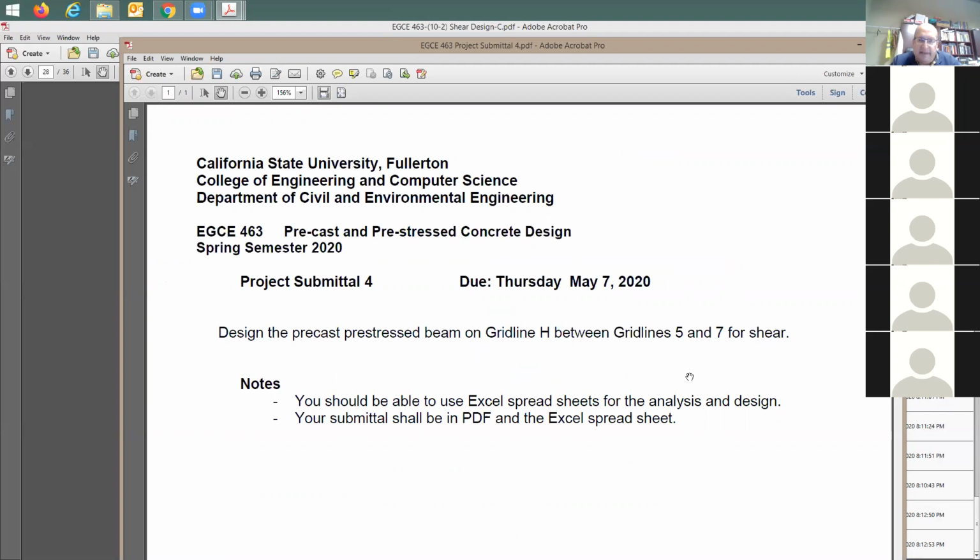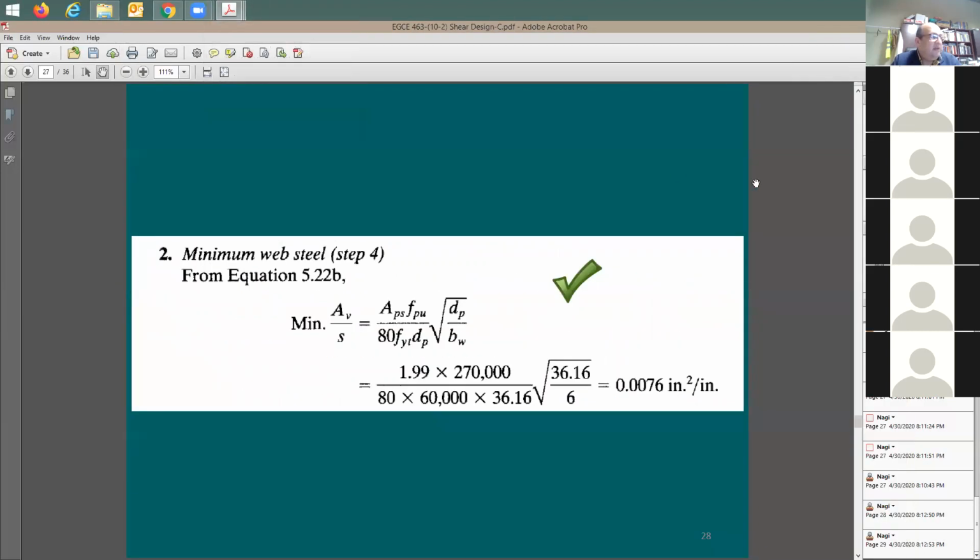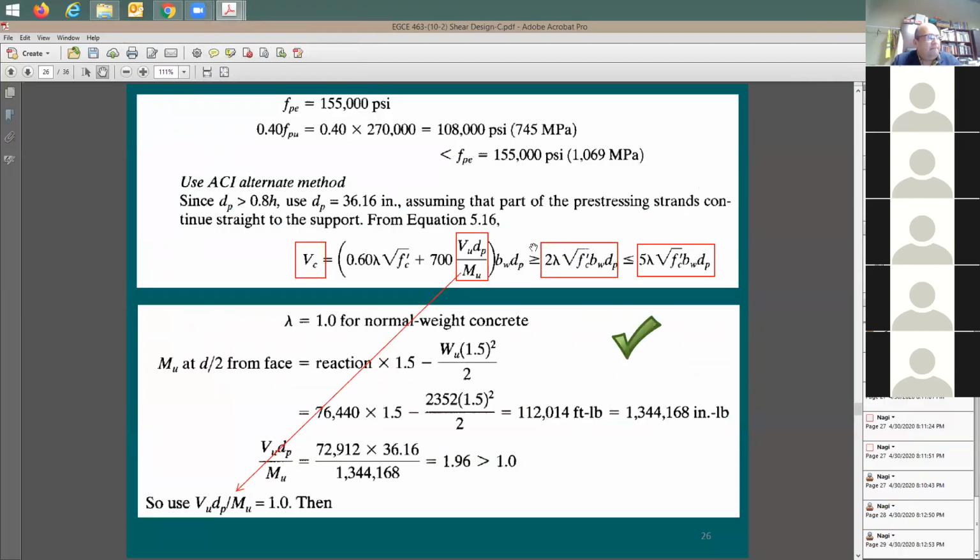So what does it mean by this design? It means that you need to find V sub U, the critical section of shear, and then also find M sub U, and then you try this equation here. For sure, this value here is going to be controlling your design.